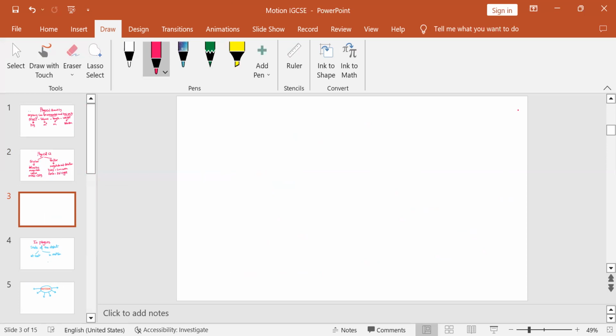What do we use to represent vectors? Arrows are used to represent vectors.